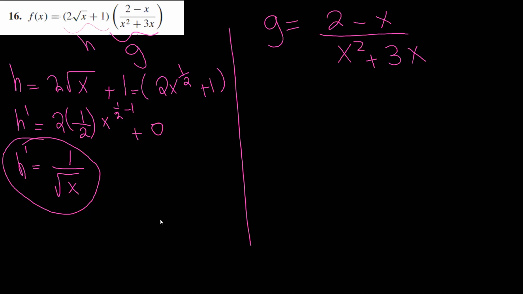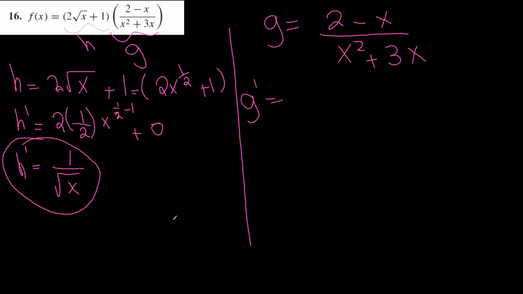Yes, teacher. It's divided. So here there's a quotient rule inside a product rule, both of them at the same time. So here now I need to find g prime. And to find g prime, we have to use the quotient rule.